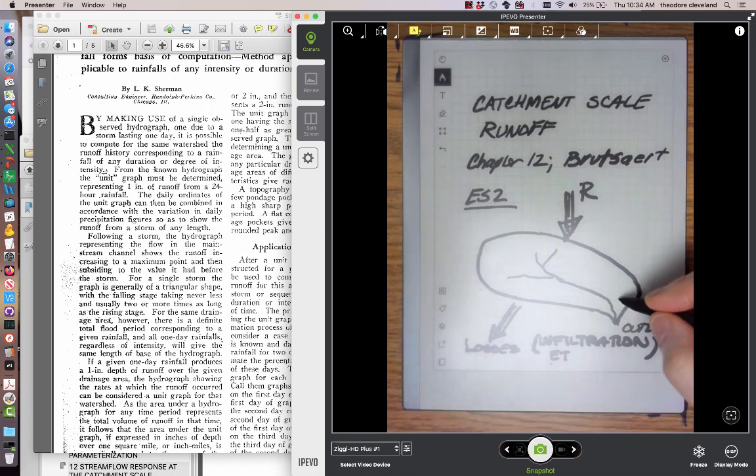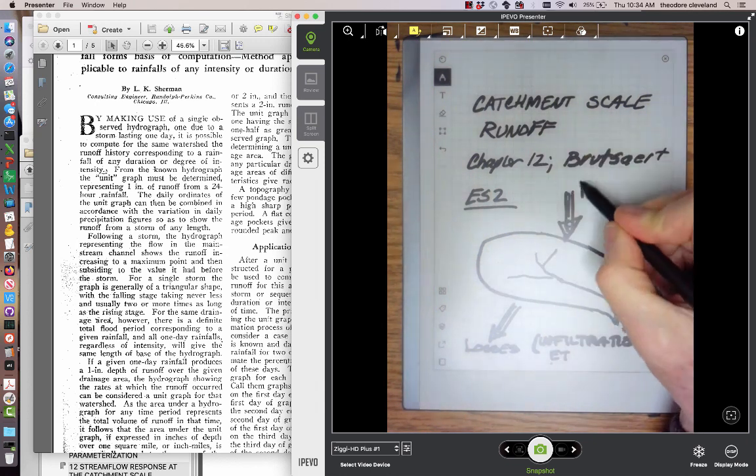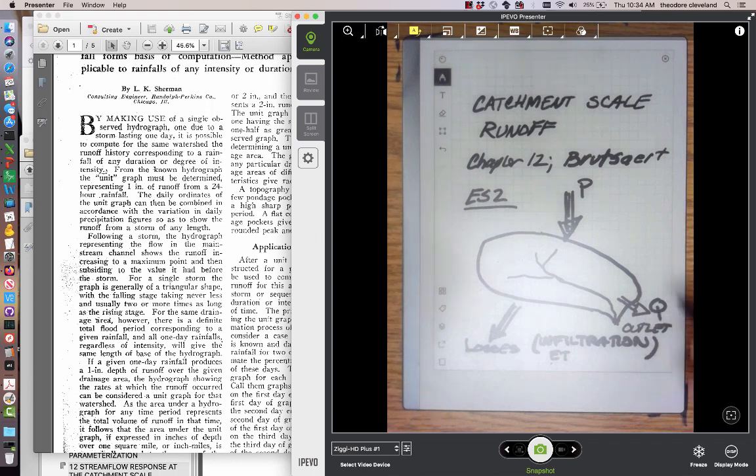And then what comes out is, that's P for precipitation. Q comes out. Our precipitation signal blocks like that. Our Q signal is our formal hydrograph.